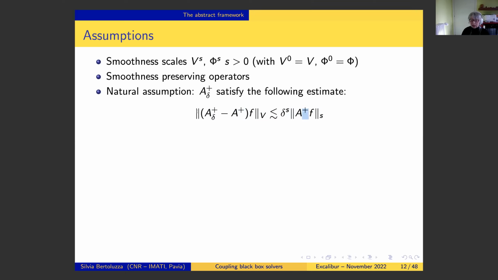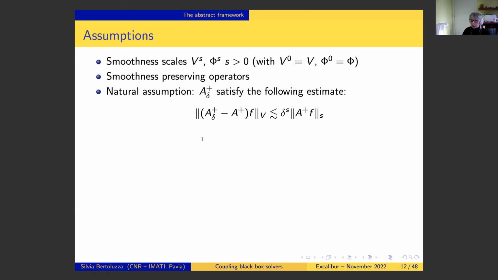So this writes: the norm in V of A plus delta of F minus A plus of F is less or equal than a constant times a mesh size delta to the power S times the norm of A plus F, let's call it the continuous solution, in VS, the higher smoothness norm.